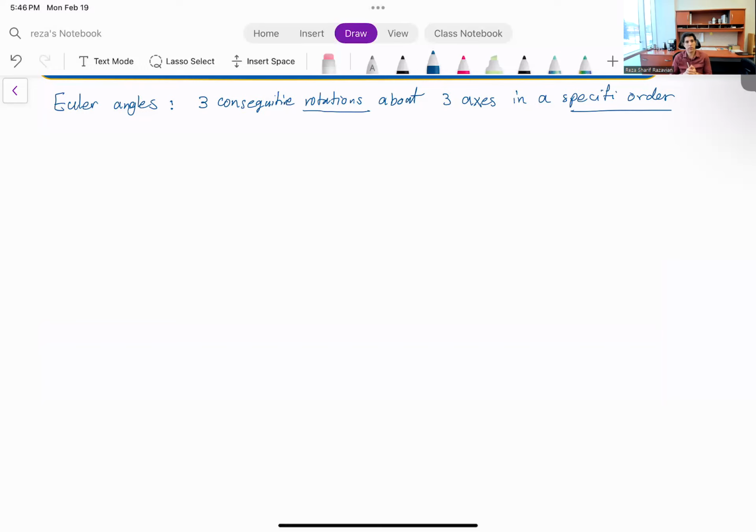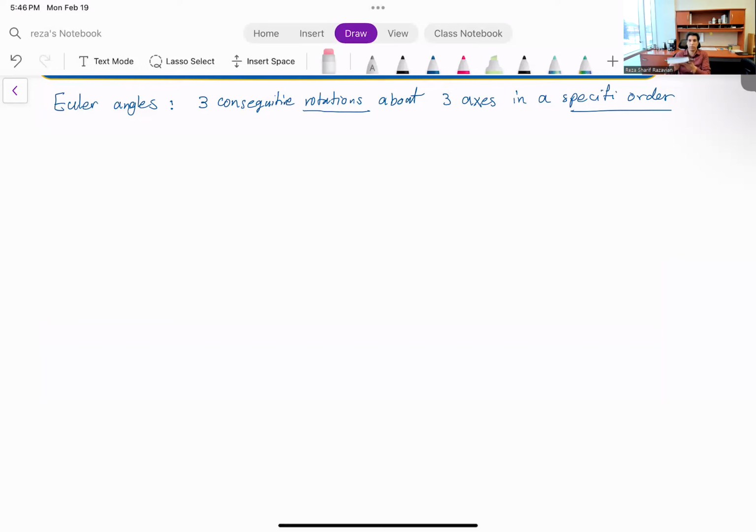So first, why a specific order? One thing very important to note, and that's something quite annoying with rotation in 3D, is that order matters.